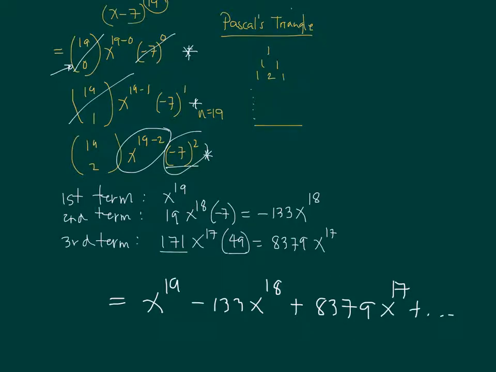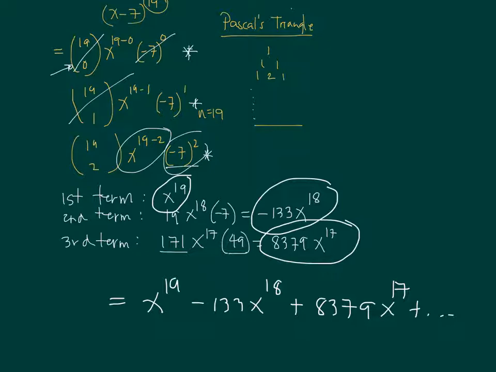But the first three terms are x to the 19, negative 133 x to the 18, and 8379 x to the 17. So see, it's very helpful to use the binomial theorem when the exponent is already large and you just want to find a few terms. You're not expanding the binomial until you get the last term.